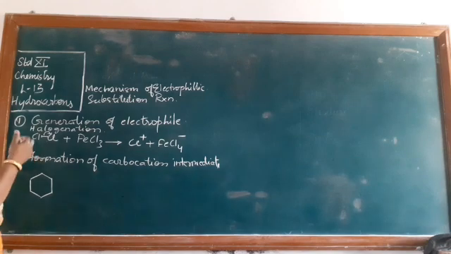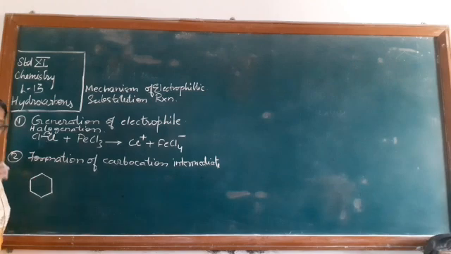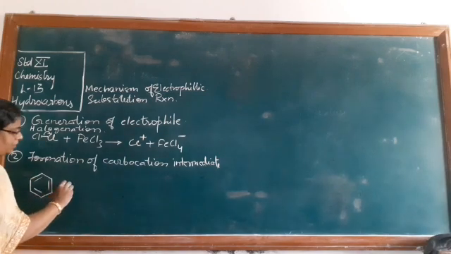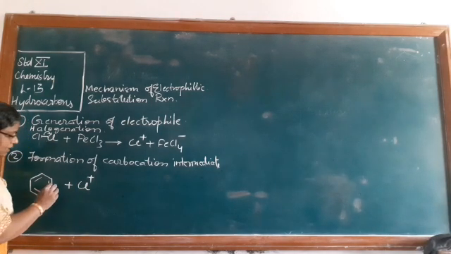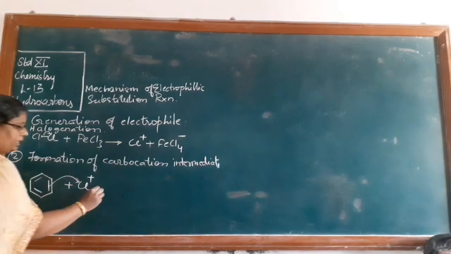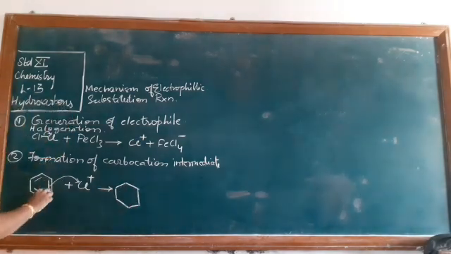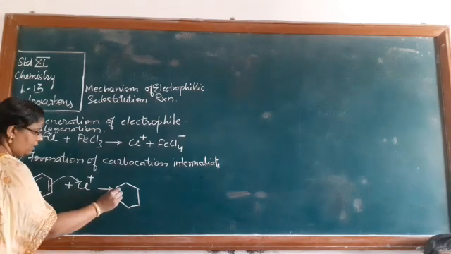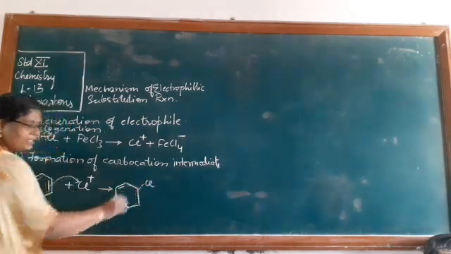You can use this for your different electrophilic substitution reactions also. This is your benzene ring. You have the electrophile Cl plus. This pair of electrons will be taken by the chlorine. Now the electrons have gone to chlorine, so attachment of chlorine has taken place.